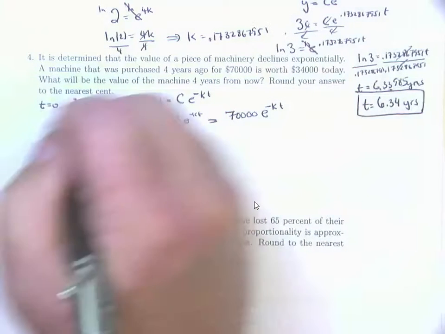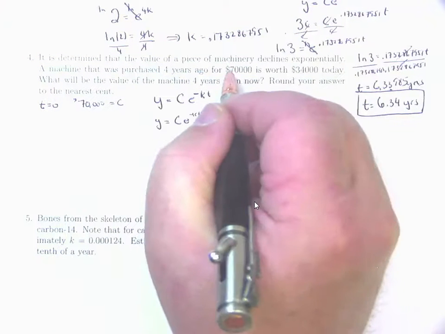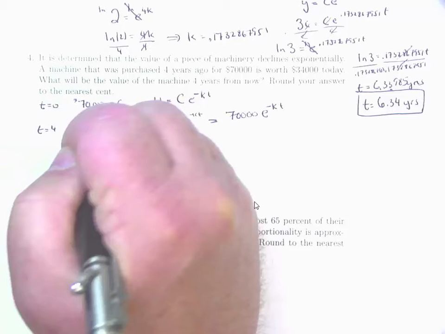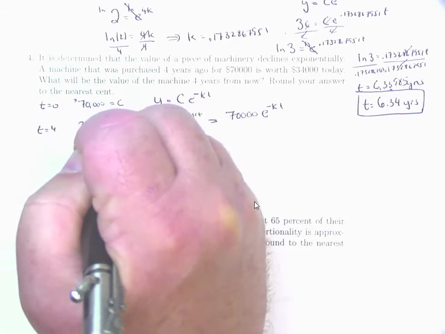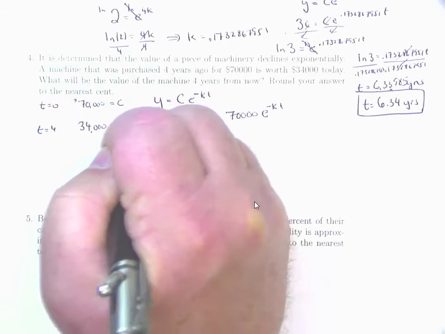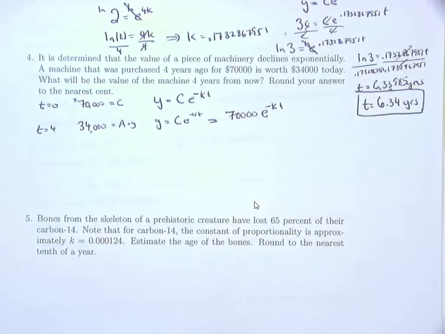Now, in 4 years, so time equals 4, what does the thing cost now? $34,000. So this will be my A or my y, whatever letter you want to call it. This is my y, $34,000.